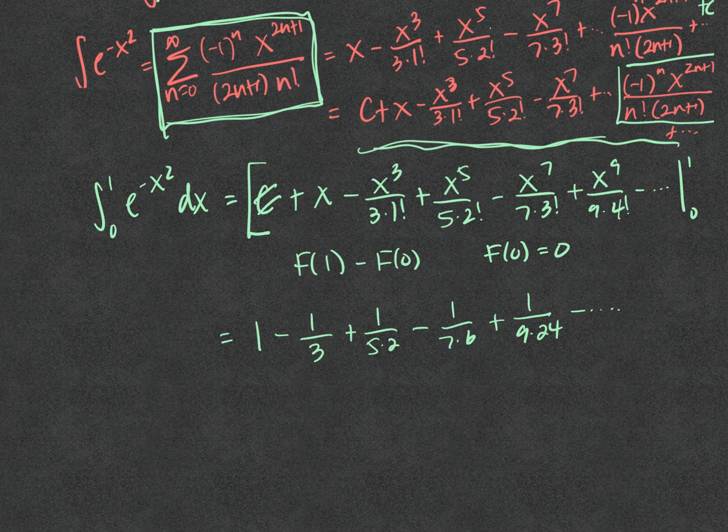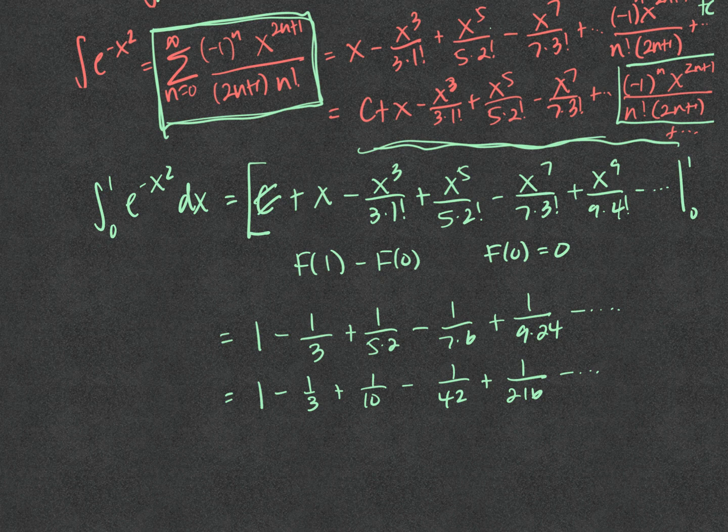So this is looking pretty good. We have 1 minus 1/3 plus 1 over 10 minus 1 over 42 plus 1 over 216 minus dot dot dot. If my math is right, we're going to hope and pray it is.